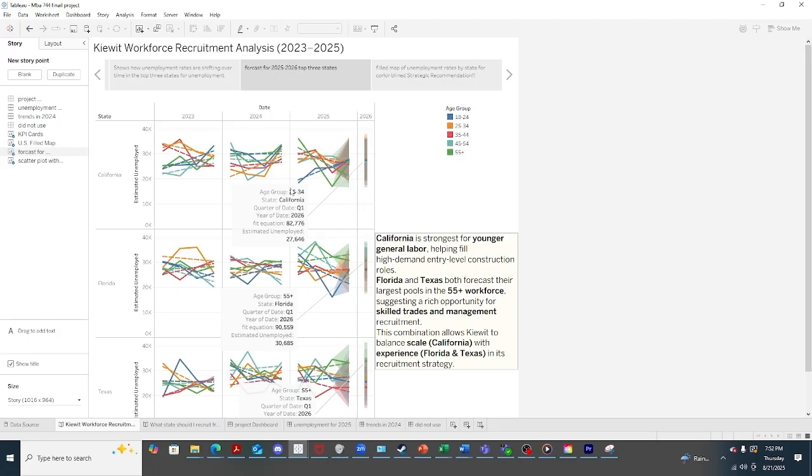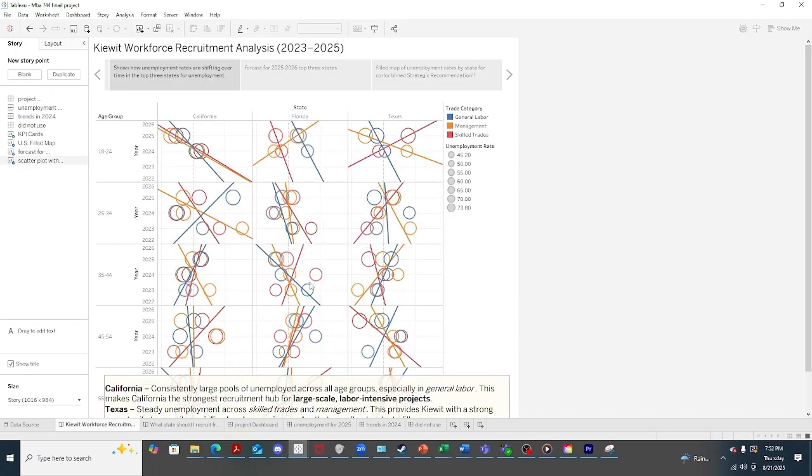For example, within California, it's between 25 and 34, and 55 plus. So you have more older here, but I thought that was interesting. I just thought I'd call that out. And the reason why I chose this one is this one shows a good demographic, so you can actually see the trends on the different states, but you can also see the ages.